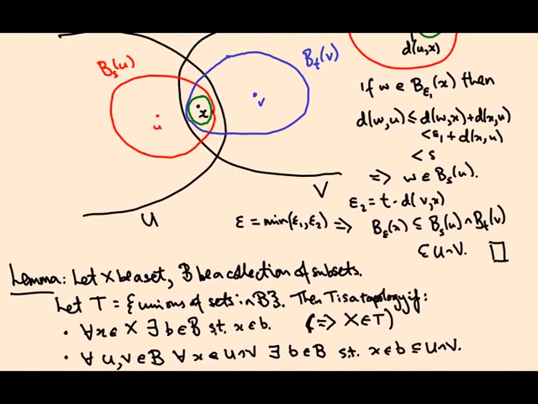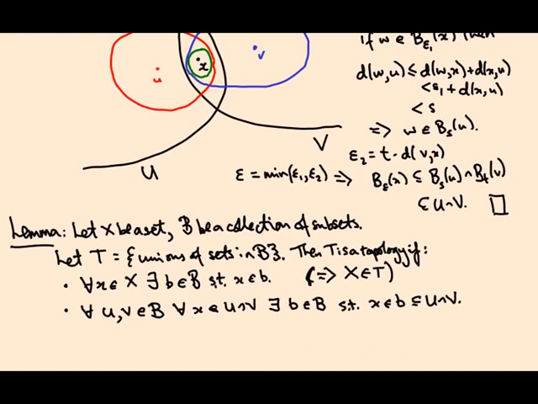That then shows the intersection of U and V is made up of balls from B. It's a union of balls from B. And then if you take unions of U's and V's, the same argument applies. Okay, so this is the lemma.